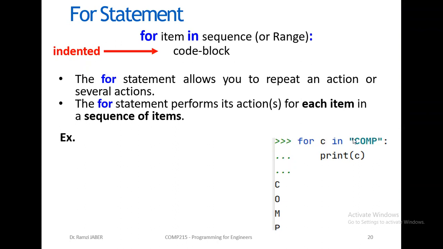For C in this word comp, colon, enter, tab, print C. So the for loop will start by index 0 here, so the small c equals big C. And it's true, because we have an item inside this sequence, inside this string, inside this word. We have a letter in this word, so because it found a letter in this word, it started with big C, so it's true.